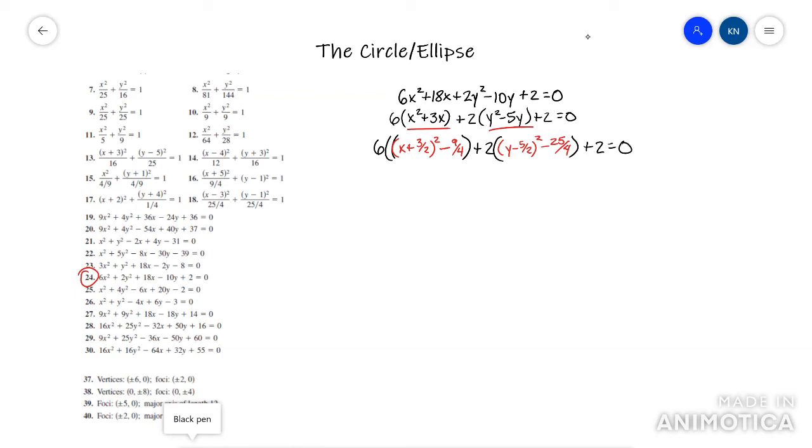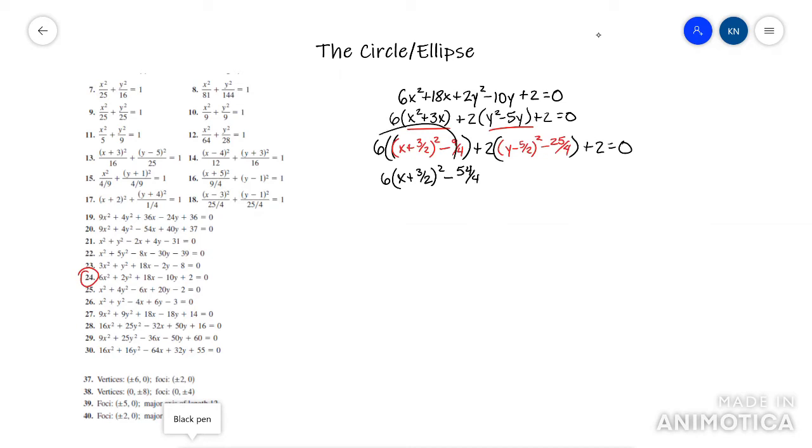Okay. Now you still have to go and redistribute. So what that's going to look like is this. I'm just going to leave it 54 over 4 for now.